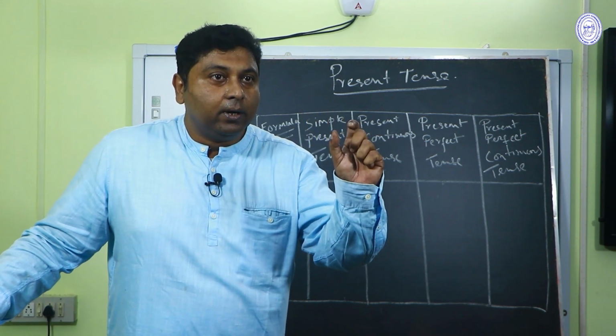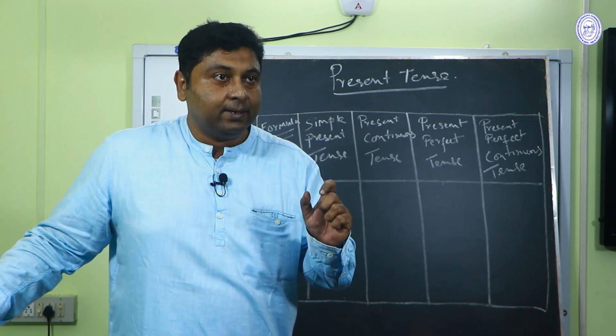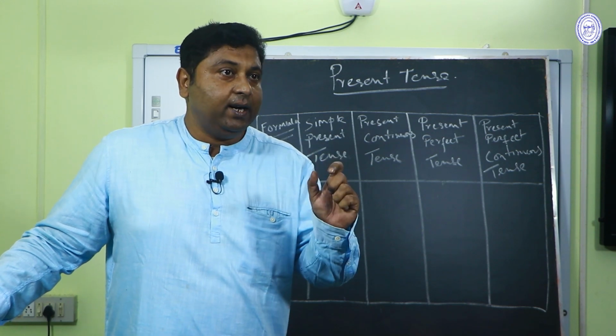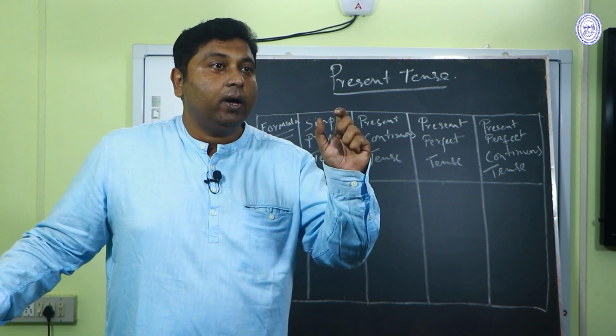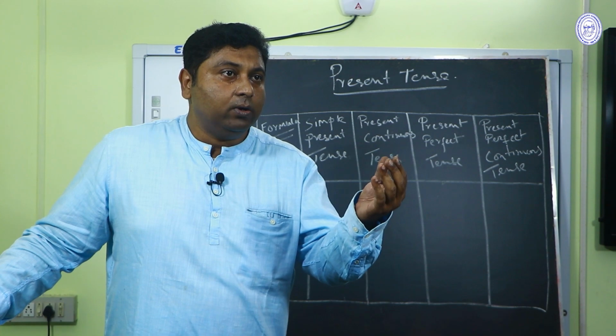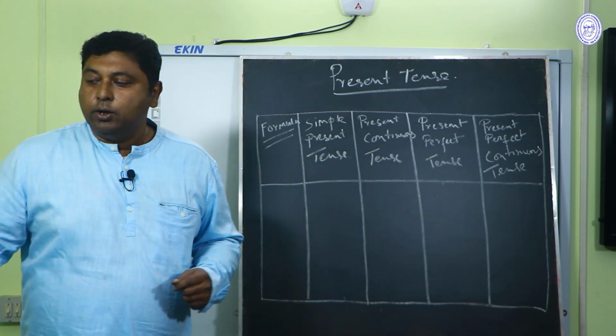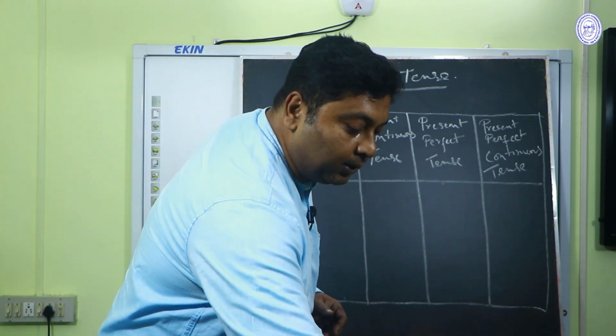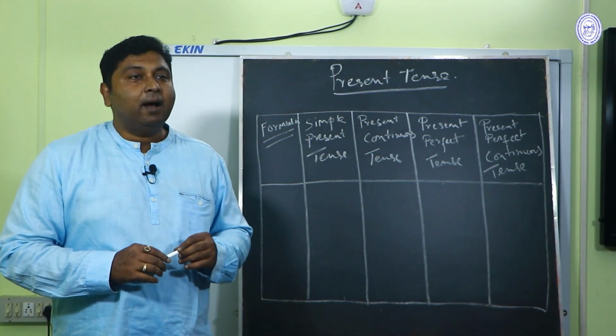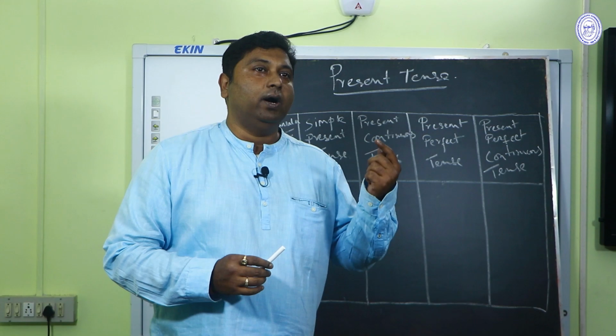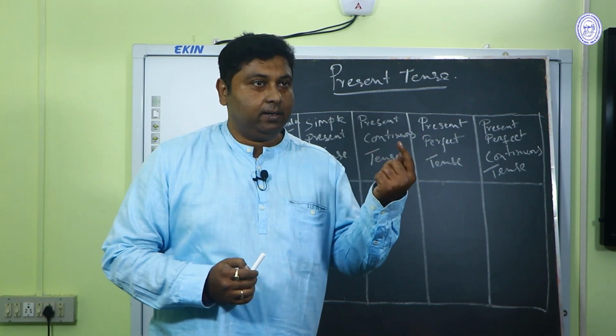Now, how do we find out the tense from the verb? Usually we can find out the tense from the verb, right? For our example, we may pick up a word, suppose take.